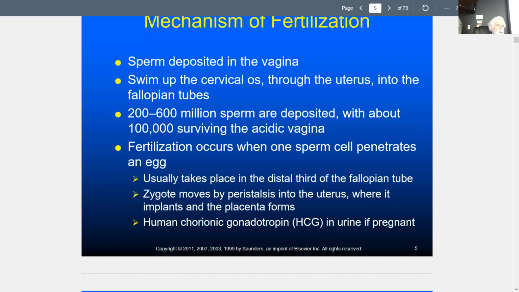and then the small number of the millions that are deposited during sex. Most of them are gone. Most of them are killed off. So this is a sort of survival of the fittest kind of thing. And then one gets the prize.